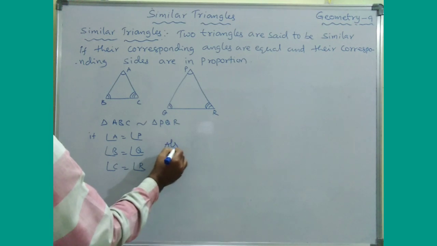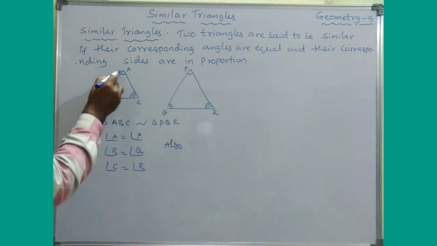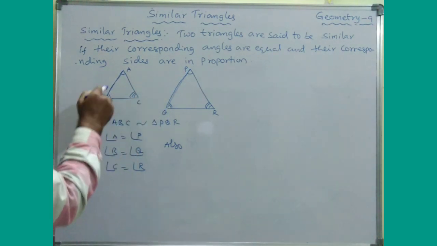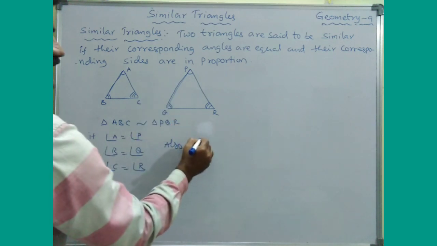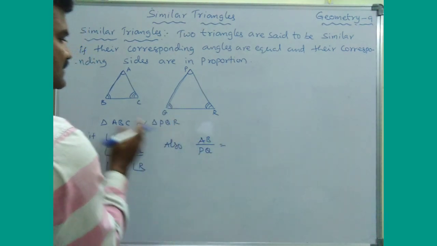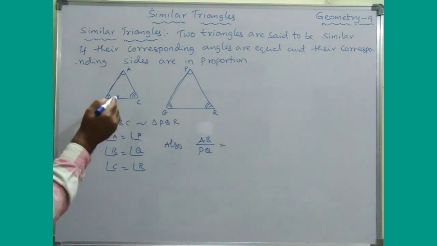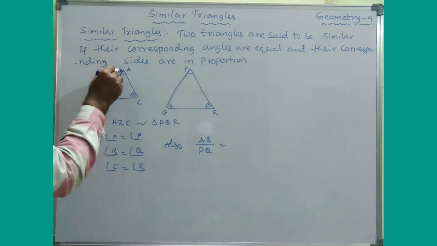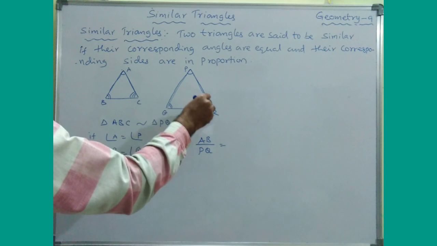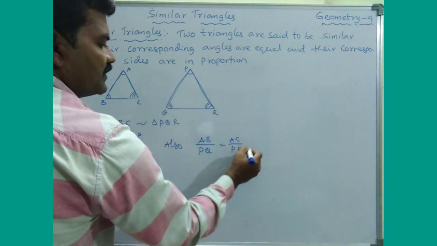Also, corresponding sides are in proportion, no? So AB, corresponding side will be PQ, isn't it? So the ratio AB by PQ. Then if I consider AC, its corresponding side will be PR, which gives AC by PR.